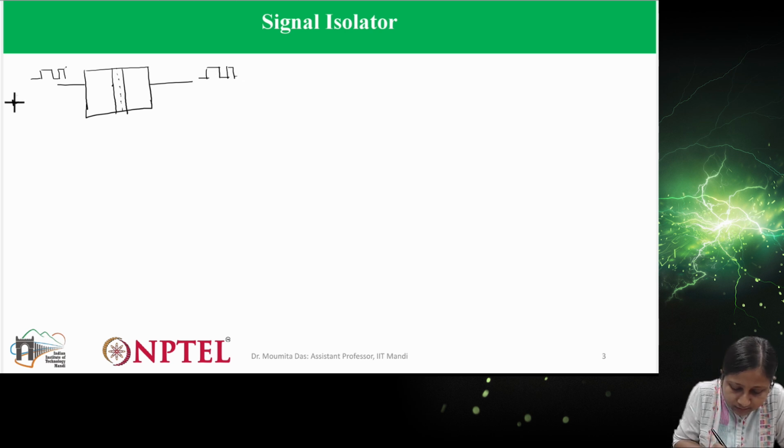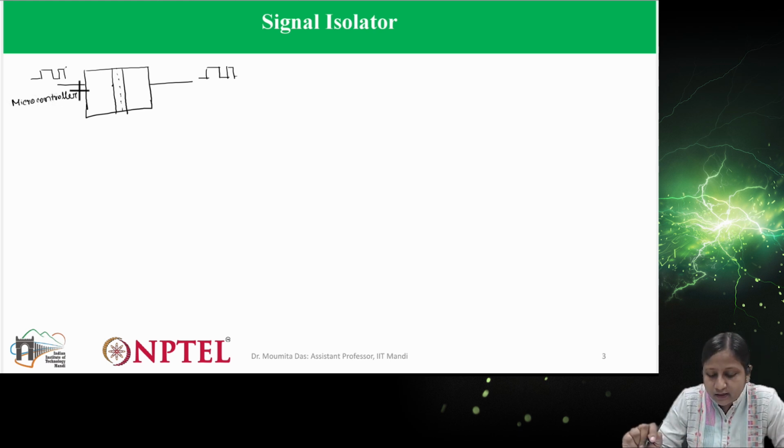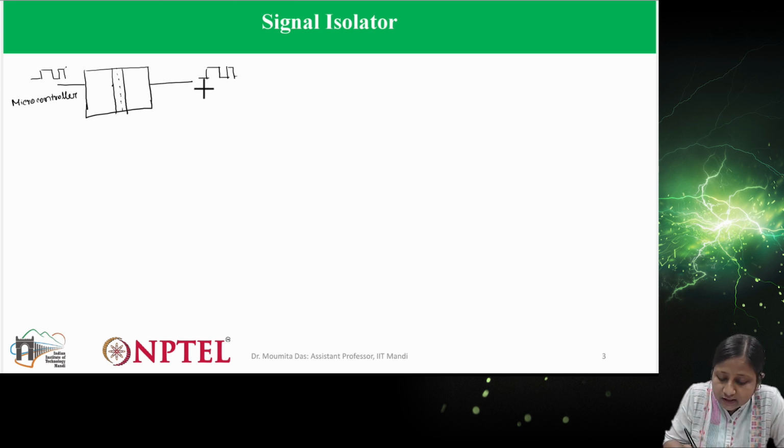This can come from a microcontroller, intelligent controller or FPGA, anywhere that has signal generation capability. We can get it from a function generator also, and then pass it through the signal isolator, and it goes to the power converter side, the gate driver.